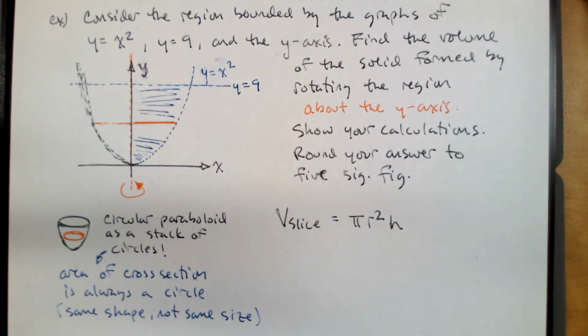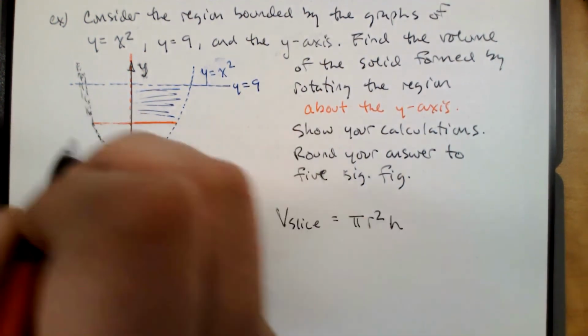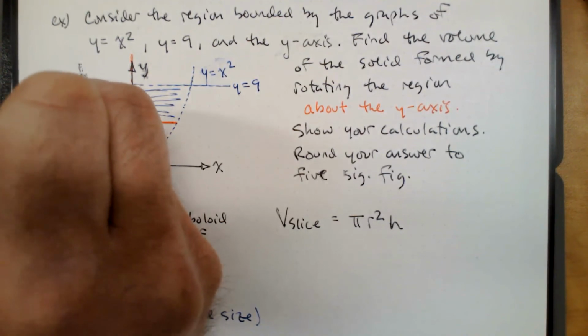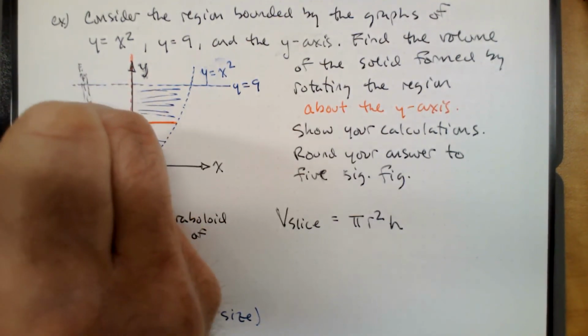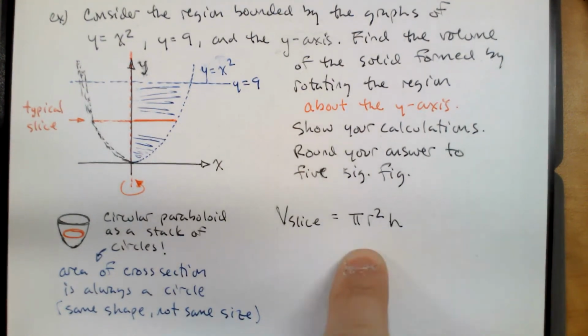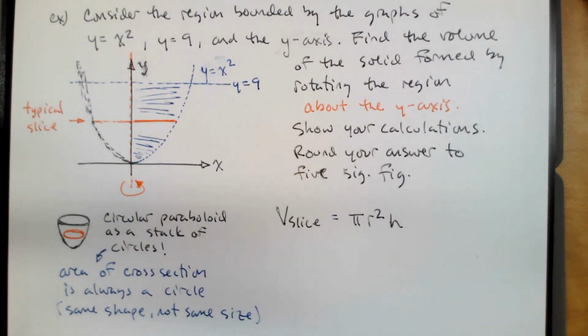So we're viewing this circular paraboloid as a stack of circles. Let's go to our original parabola, our original region, and see where that circle shows up. So here is a typical slice. That typical slice is a circle, pi r squared times h.